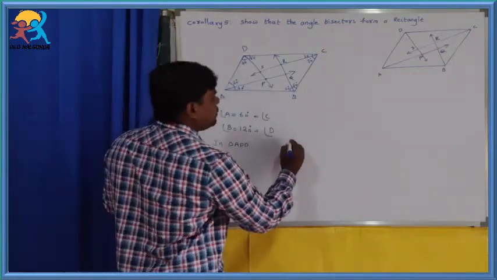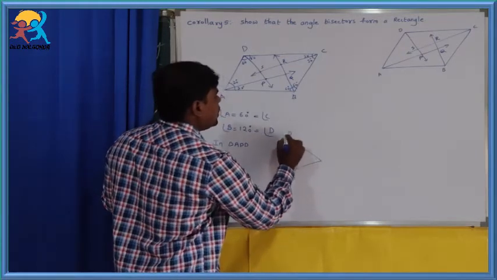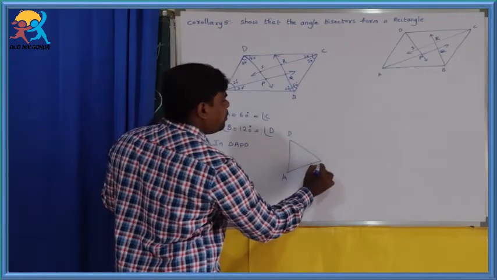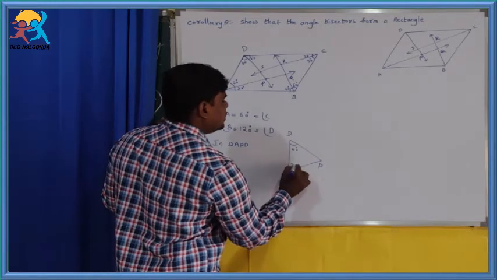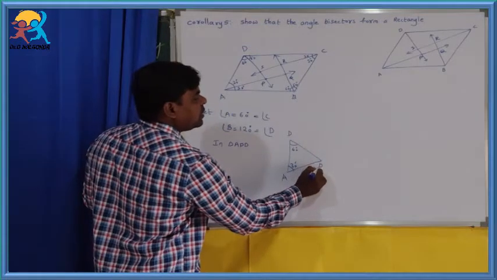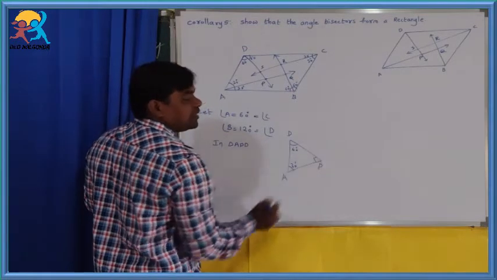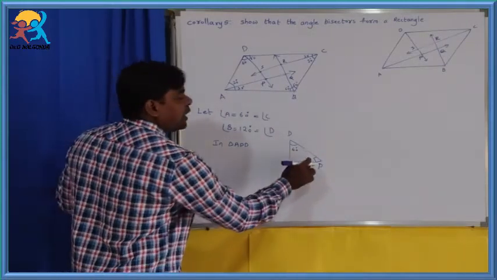So, first we should draw the figure. This is the triangle DAP. It is 60 degrees, it is 30 degrees. So, from this easily we can say that this definitely will be 90 degrees, but we have to write that. That is, why it is 90?